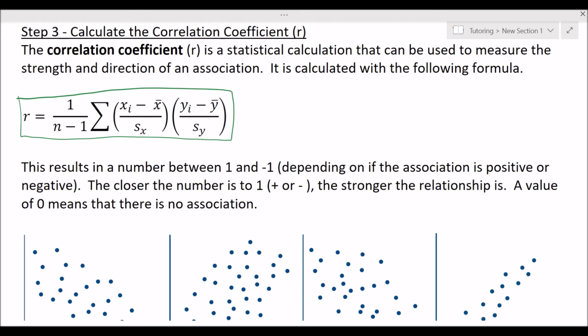Okay, so you're probably wondering, well, if I don't have to use this formula, why is it on the formula sheet? Well, I mentioned before that our statistics are often using the mean. So you can see I've highlighted x bar, which means the mean of the x variable, and y bar, which is the mean of the y variable.